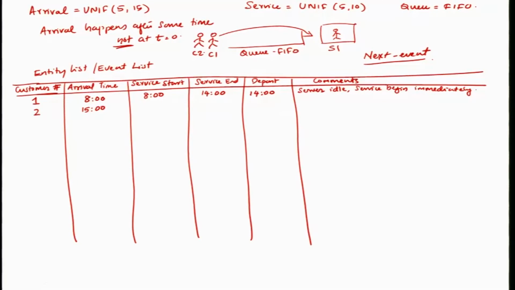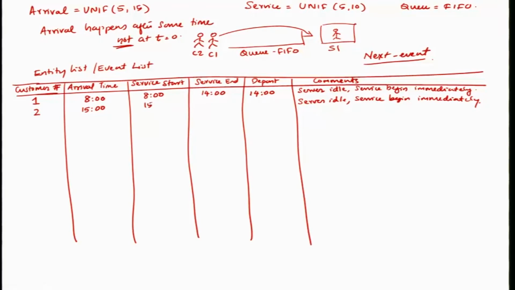This is your C2. When it arrives at 15, it sees the server is idle. At 14 C1 finished the service and left. So, the server is idle, and service begins immediately.